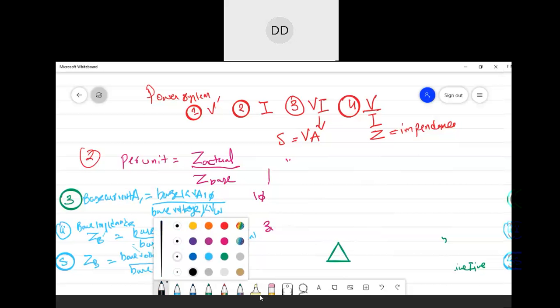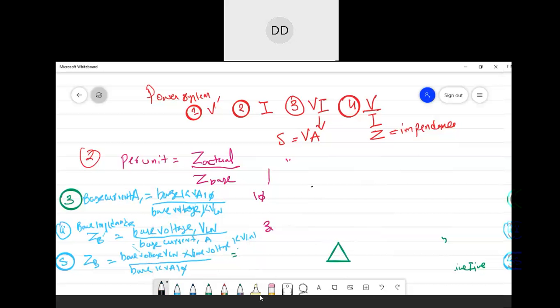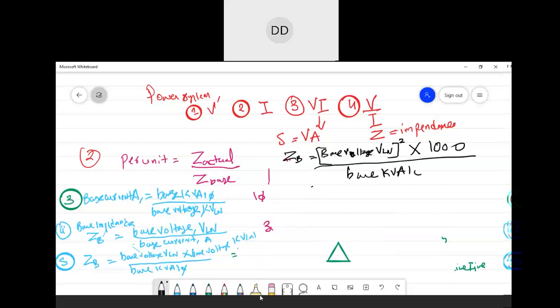So Z base I have written in terms of this quantity, so I can express this Z base in terms of the base voltage VLN whole square, and one K term will come out. That K term can be written as 1000 divided by base KVA single phase. One more thing you noticed in the very beginning, VLN is always taken in terms of kV. So instead of VLN, I can write KVLN whole square into 1000, divided by base KVA single phase.